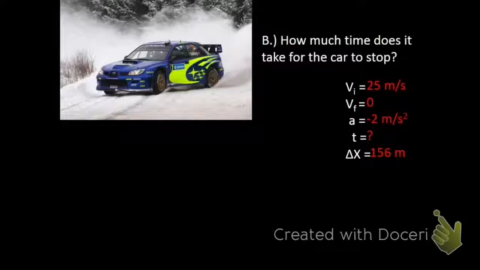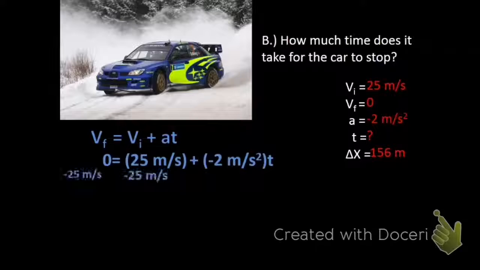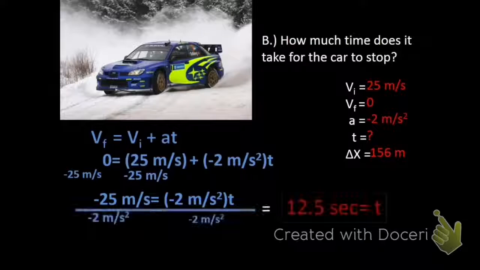So now we have an extra piece of information. Now we know the delta x, and we don't know the time. From here, we could actually pick a couple of different equations, so you have a little bit more freedom once you have 4 variables. I'm going to choose the one that I like, substitute my values in, and solve for time.